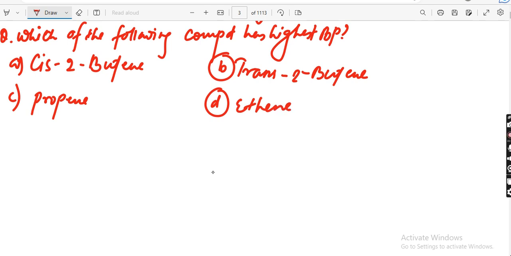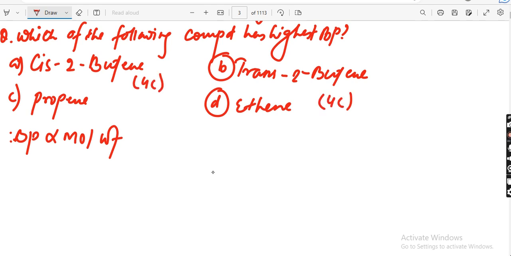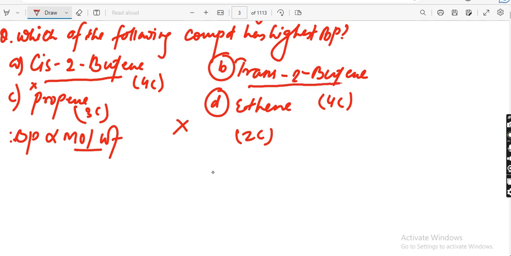We have already read that boiling point is directly proportional to molecular weight. Both butenes have 4 carbons, ethene has 2 carbons, and propene has 3 carbons. So these two are not valid. Either cis-2-butene or trans-2-butene has the higher boiling point, right?